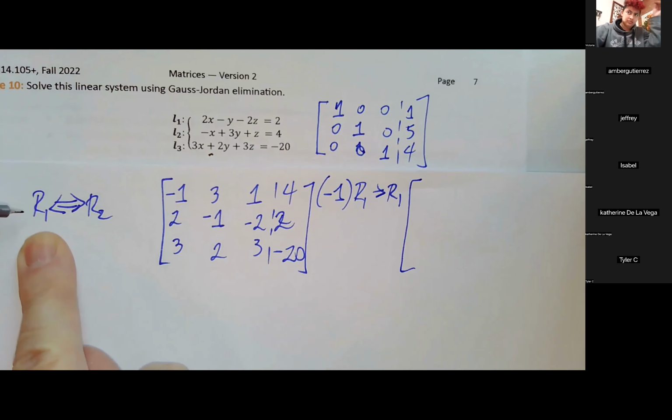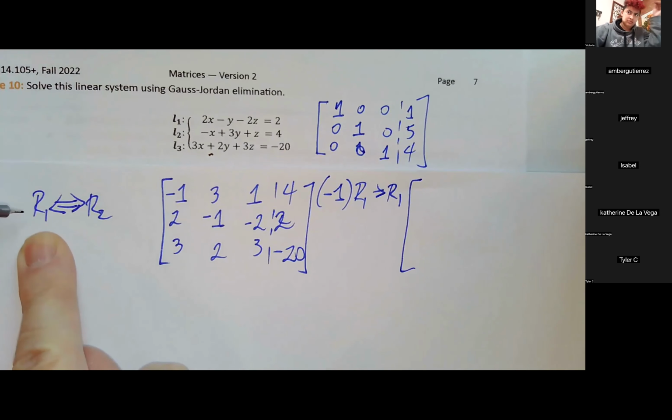So let's see, we're checking the solution 1, 5, 4. So 1's for the x's, 5's for the y's, and 4's for the z's. And the first one is 1 minus 5. Yay.